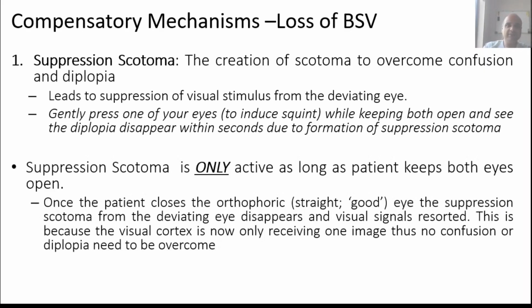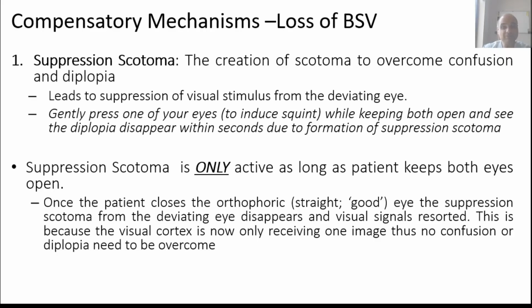One very interesting characteristic of a separation scotoma is that it's only active as long as both eyes are open, the deviating eye as well as the straight eye. As soon as the patient closes the straight eye, the only visual stimulus getting to the visual cortex is from the deviating eye, and there is no comparison. So the separation scotoma disappears, and the patient is able to see again.